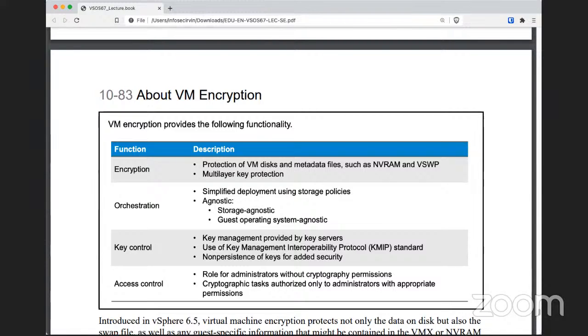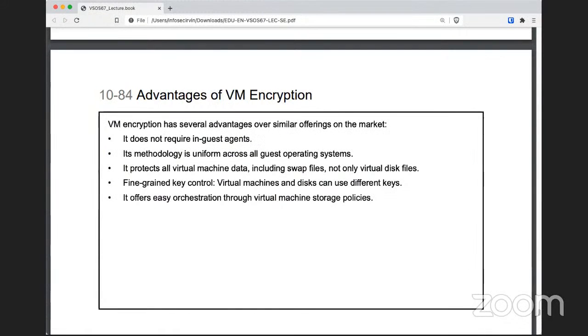Where we can secure the metadata files such as NVRAM, the storage, key control, and access. VM encryption works within the VM itself without requiring you to install more tools or outside third party. It's already built in. You just have to enable it. And it'll be uniform across all guest operating systems.